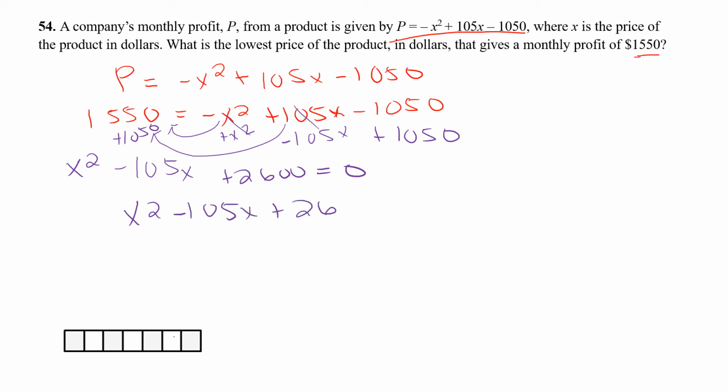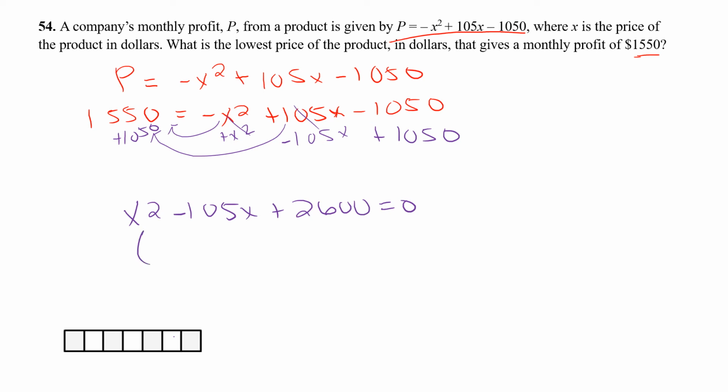Well, it's not that much neater. I've been doing math practice test questions for days. So, all right. So I've moved everything to the left-hand side. x squared and 105x becomes negative because I moved it over, and then I just added the 1050. So now I'm left with nothing on my right-hand side, and it equals 0.